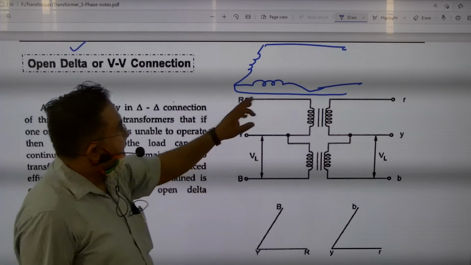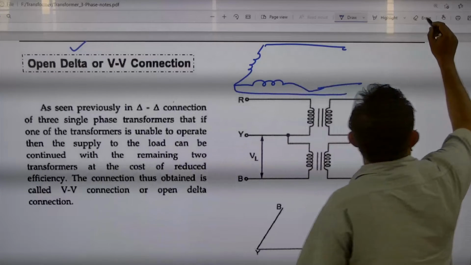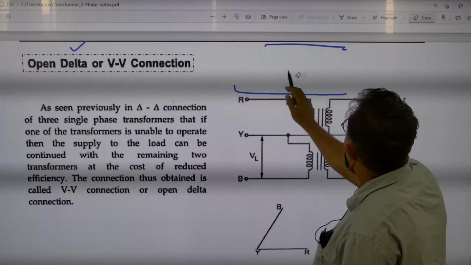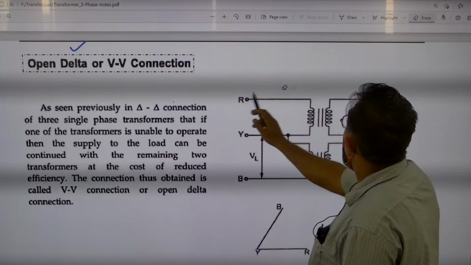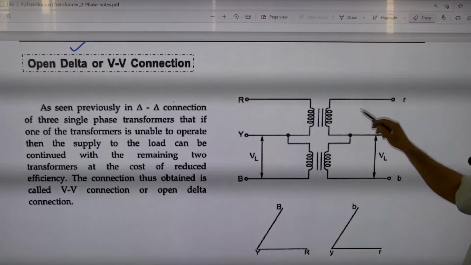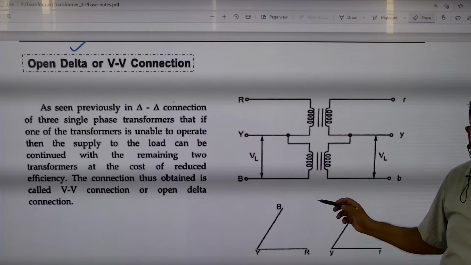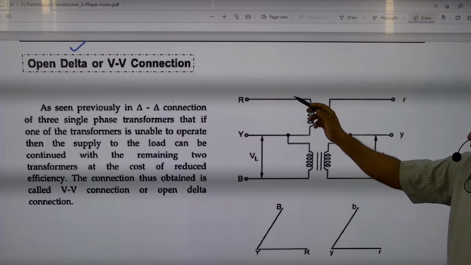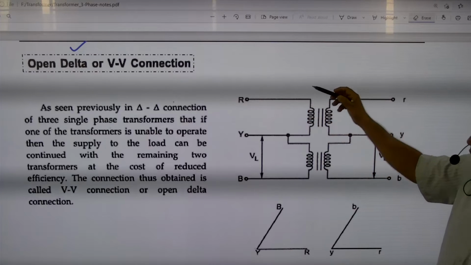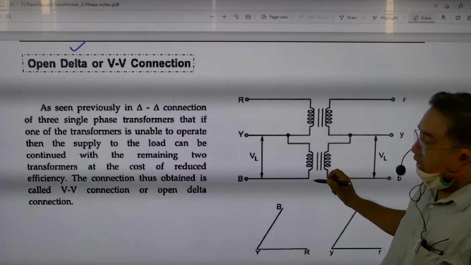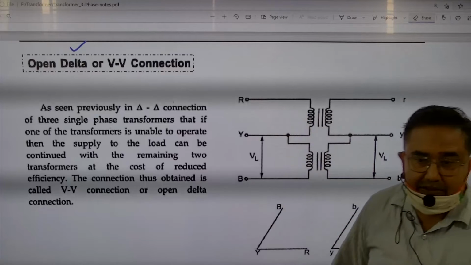So how are the connections being made? These are the two transformers. Now don't go through the 3 single phase.